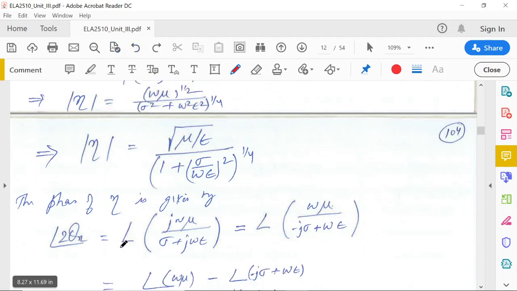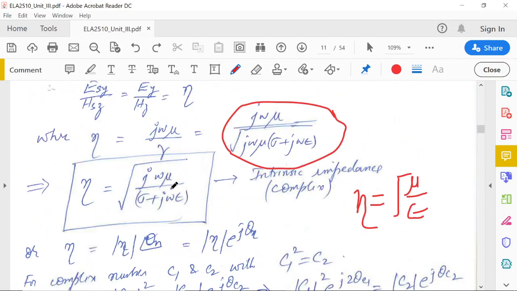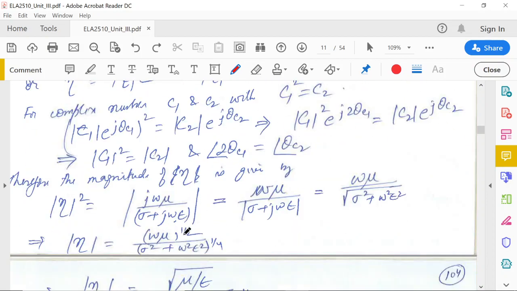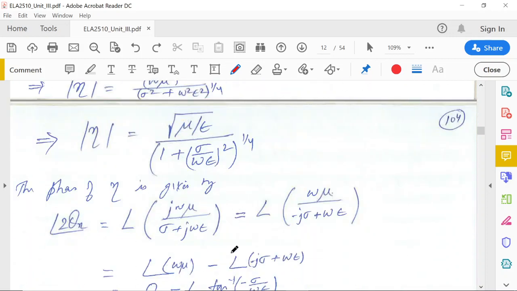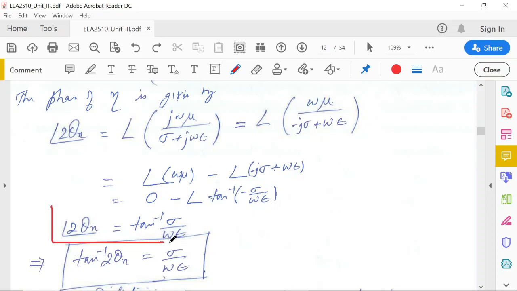The 2 theta n comes out to be the phase of this one. So you can find the phase. Finally, this is 2 theta n, which is twice theta n.